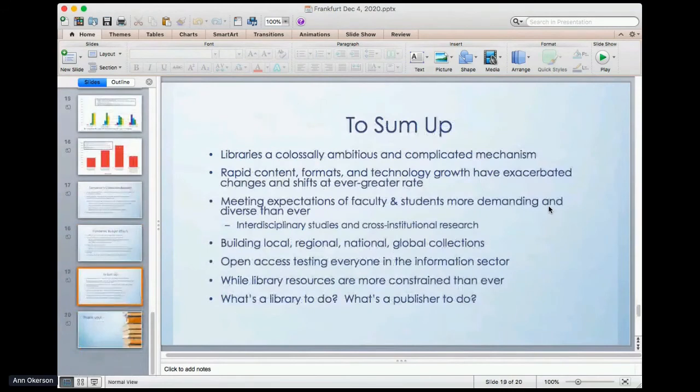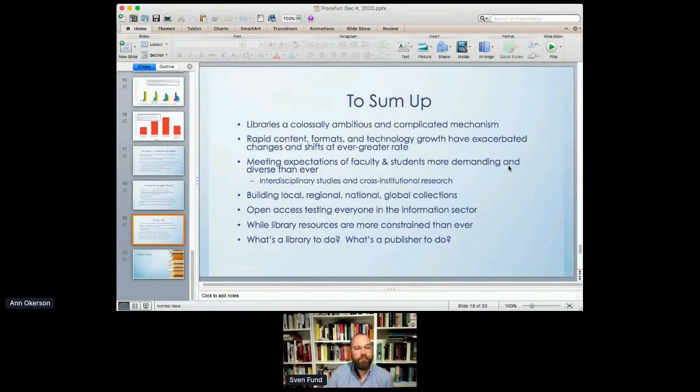I hope I've described libraries, and for sure academic libraries, as creatures of our times and as a colossally ambitious and complicated mechanism to maintain and carry forward these days in a time of high expectation, great change, and uncertainty on a number of fronts.